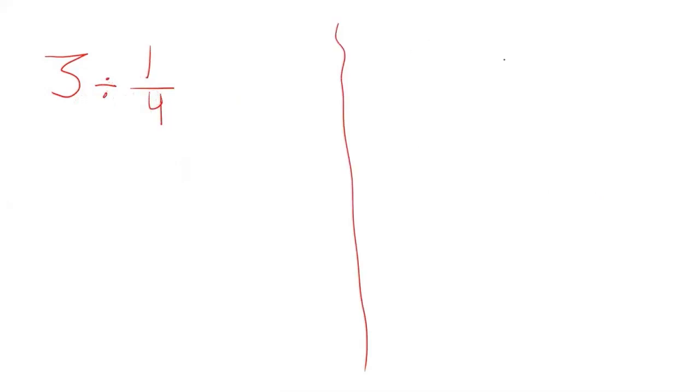Let's start. We said we are going to divide a whole number and a fraction. It means like 3 divided by 1 over 4. This is a whole number and a fraction. Also, it means 1 over 4 divided by 3.